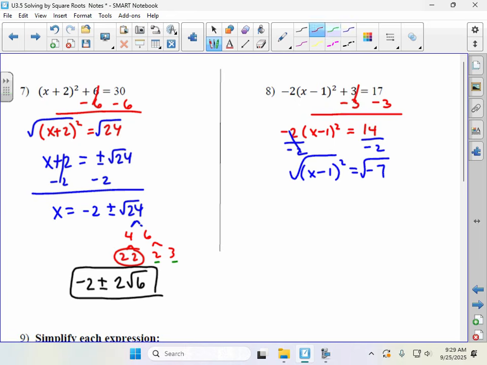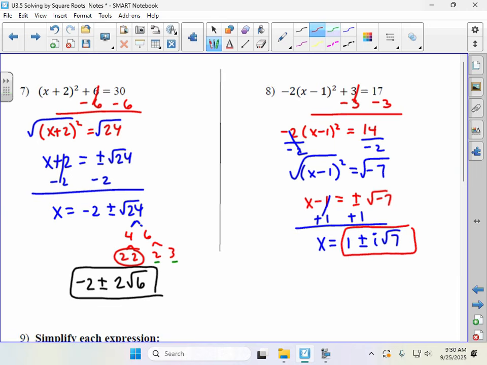So we get x minus 1 equals plus or minus radical negative 7. Add that 1 over. I'm going to pull that negative out of the radical, so it's i root 7. And then 7 doesn't simplify, and so we don't have like terms, meaning we can't simplify this any further than 1 plus or minus i root 7.